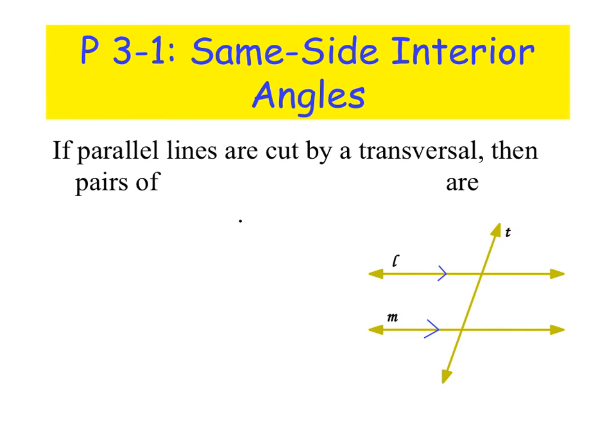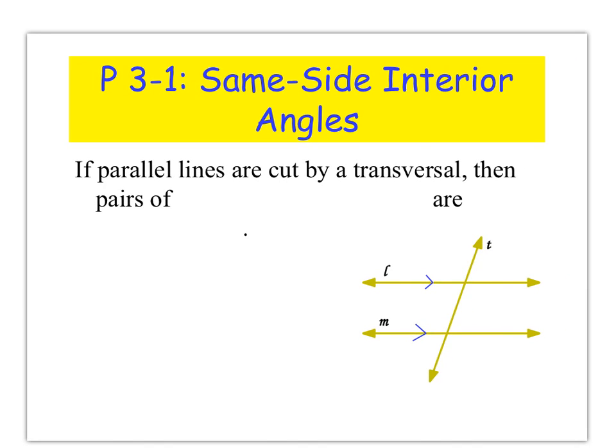Okay, so the first topic here is same side interior angles, which again is a concept that was discussed in the 11.1 video as well. But again, something special happens when they are parallel lines. So if parallel lines are cut by a transversal, then pairs of same side interior angles are supplementary.